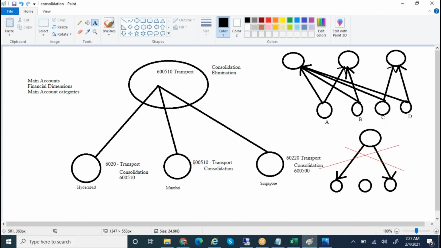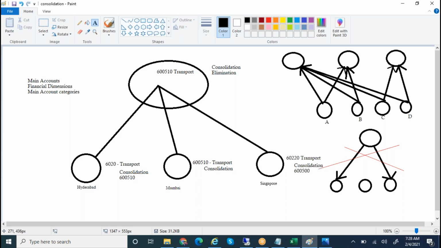Automatically in this it is not required, because this account and this account are both the same, no need to map. But for this account you need to map. Like this, for all accounts you need to configure the consolidation number in the legal entity. In the legal entity you need to map all these things. Understood? Any doubt here?